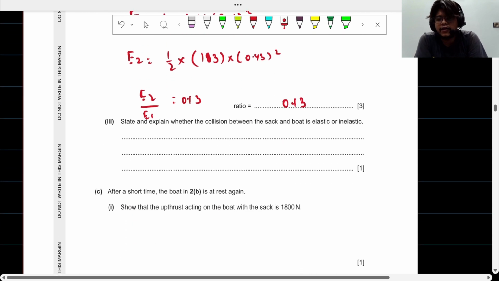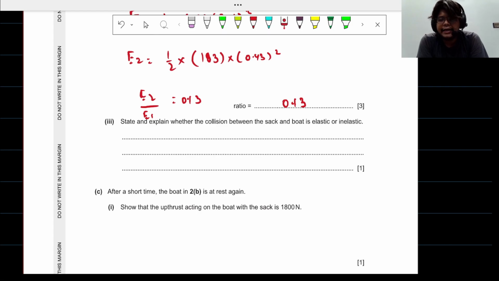Now it says to state and explain whether the collision between the sack and boat is elastic or inelastic. In an elastic collision, the total kinetic energy before and after the collision is conserved, but in an inelastic collision it is not. If the energy were conserved, the ratio would have been 1, but it is not. Because the ratio is not 1, this is an inelastic collision.